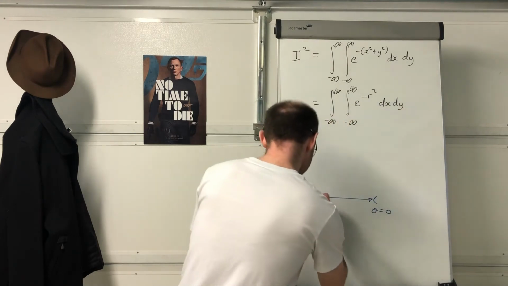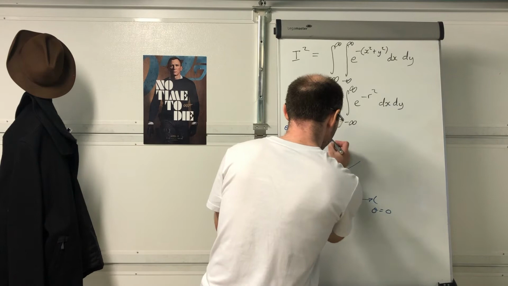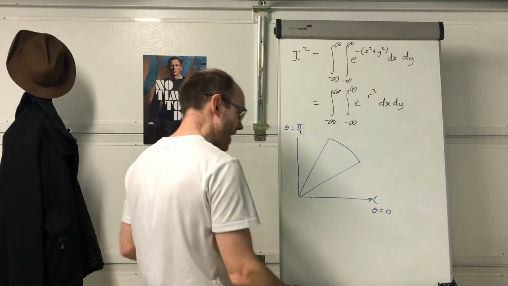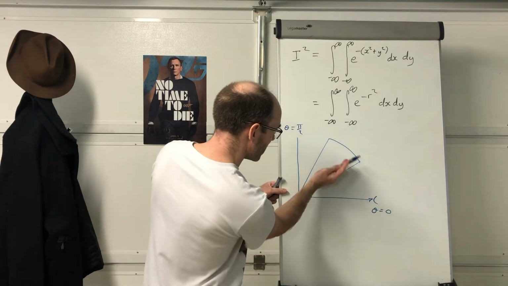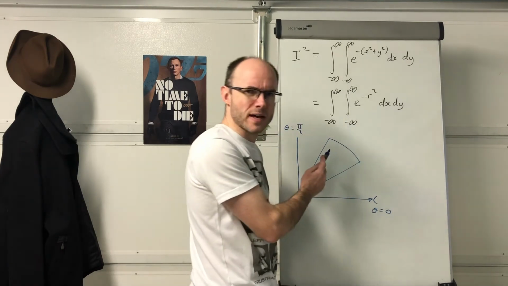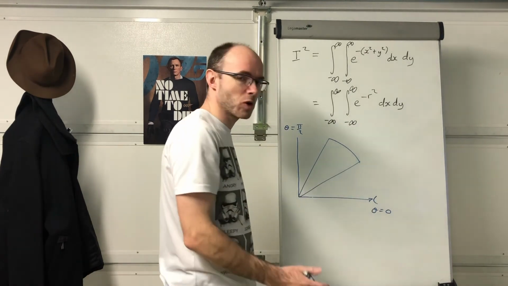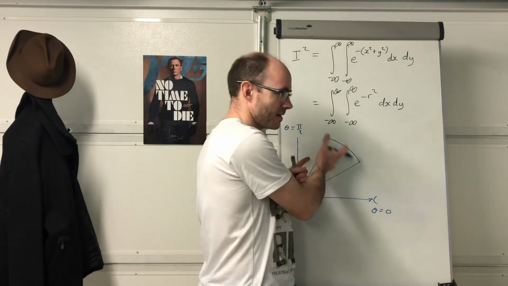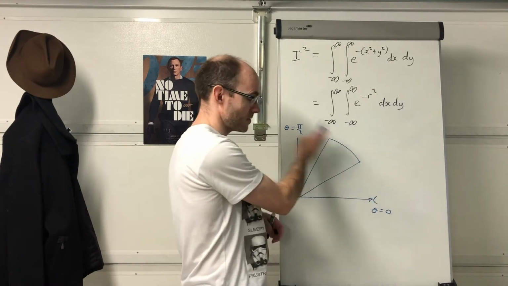In general, you've got a value of theta here and the value of theta here, and you're working out that area. So it's not rectangles at all. Cartesian coordinates are rectangular. Polar coordinates are sectors of circles.